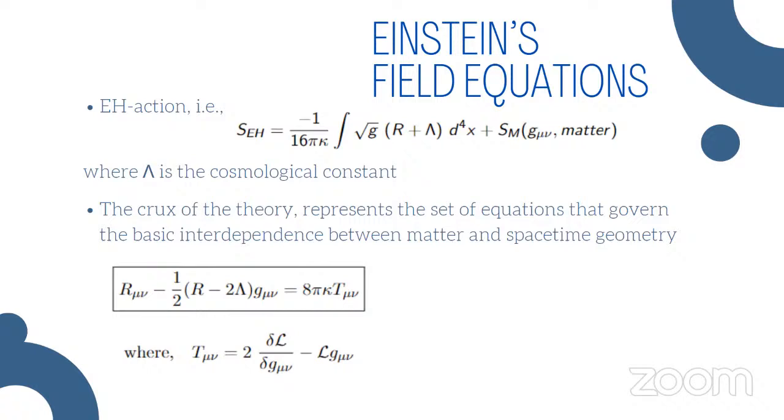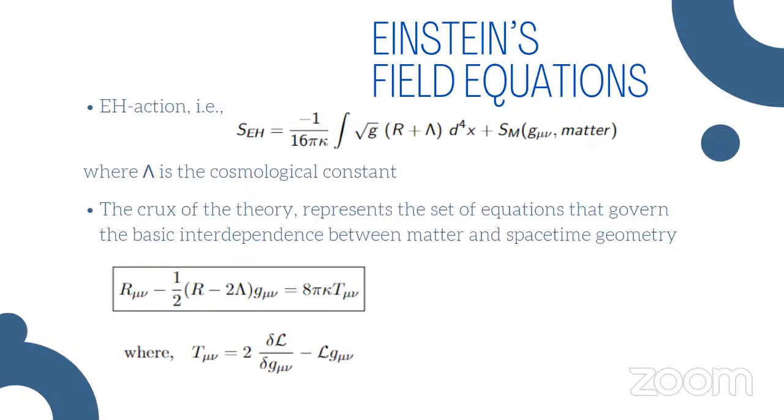And the variational formulation gives the actual equation of motion of any particle which is in the space-time that we are concerned with, and that dynamic of the space-time is represented by the Einstein field equations, which are the box equations.